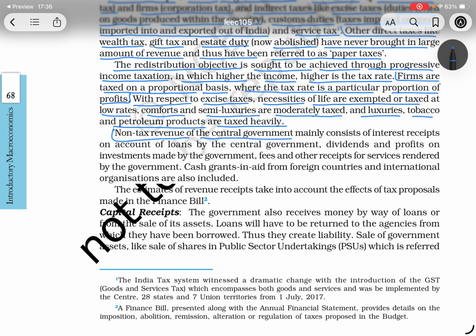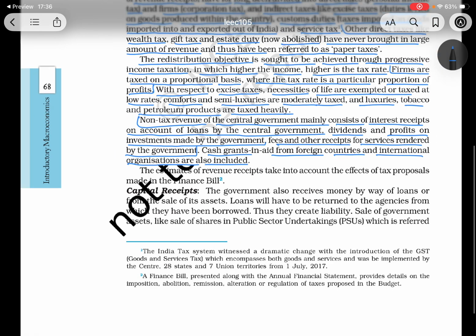Non-tax revenue of the central government mainly consists of interest receipts on amounts of loans by the central government, dividends and profits on investments made by the government, fees and other receipts for services rendered by the government. Cash grants and aid from foreign countries and international organizations are also included.